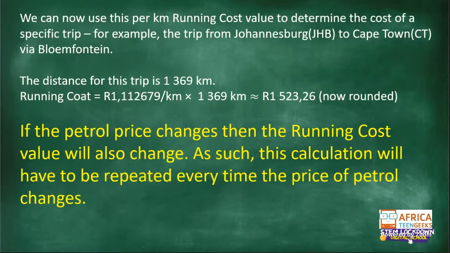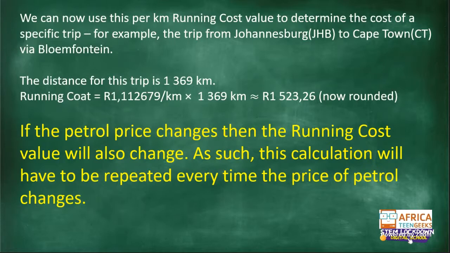Now you can round off because you have now multiplied the value of your cost per kilometer by the number of kilometers. All right. So once you multiply that, then you know that it will be 1,523 rands and 26 cents.